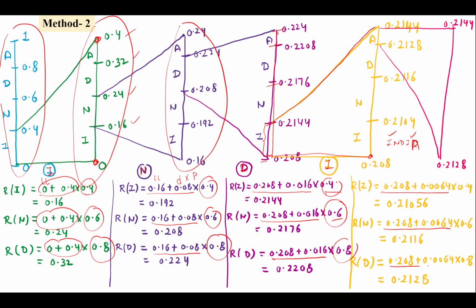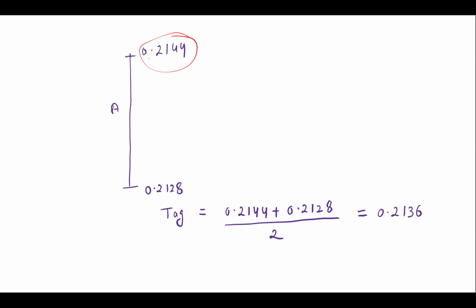This value does not change, only the probability changes. Now the last letter from the given sequence is A, with this upper limit and this lower limit. So we get this range.